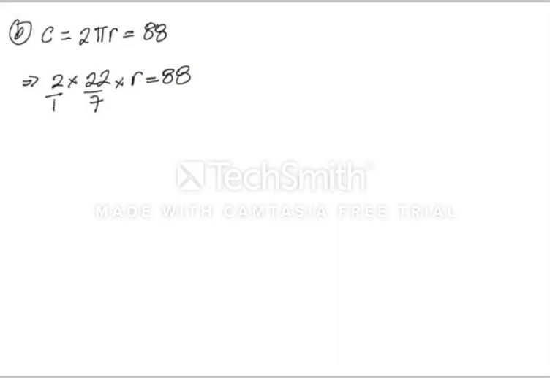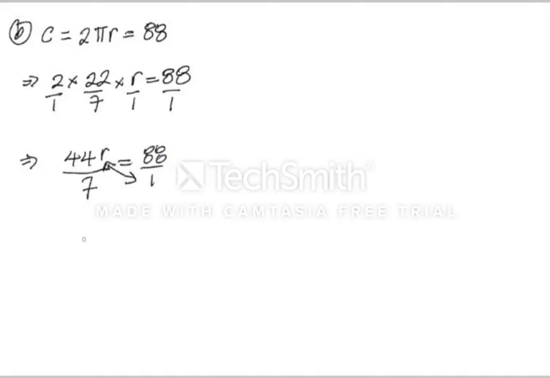So if I put this over 1, multiply the numerators: 2 times 22 is 44, 44 times r is 44r. At the bottom, 1 times 7 is 7. Your 44r over 7 is equal to 88 over 1. Now, if I have one fraction equal to one fraction, I would cross multiply.